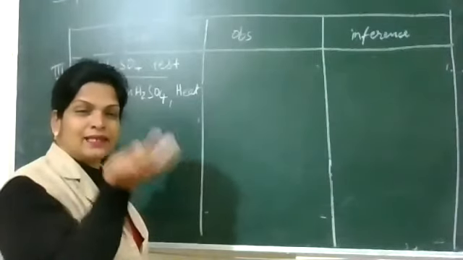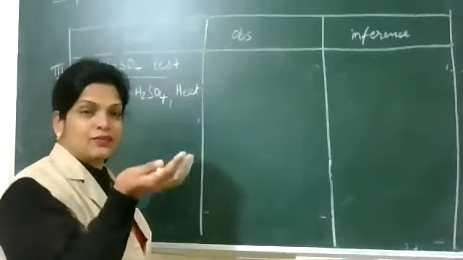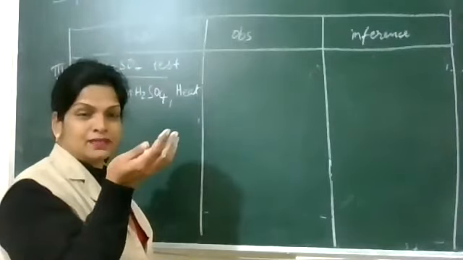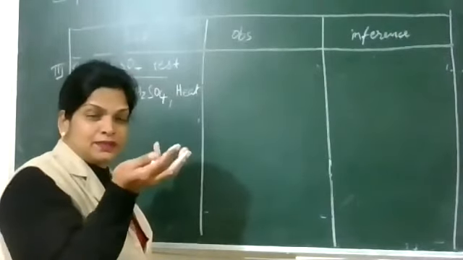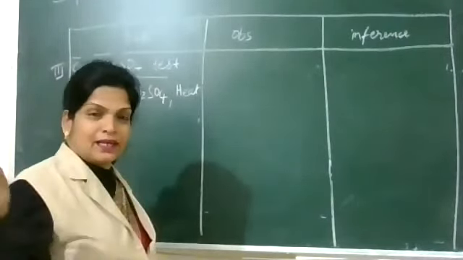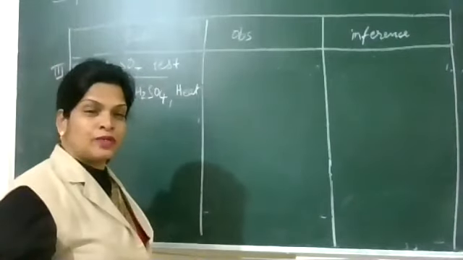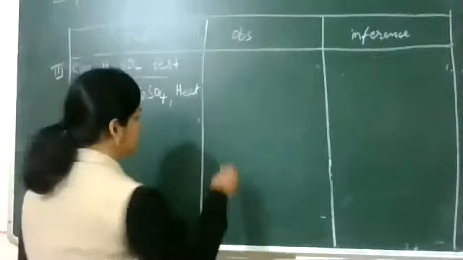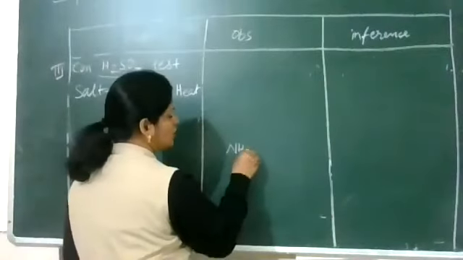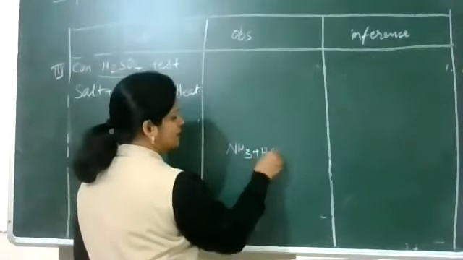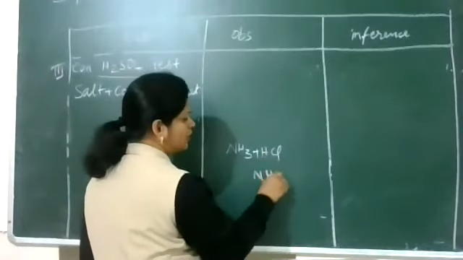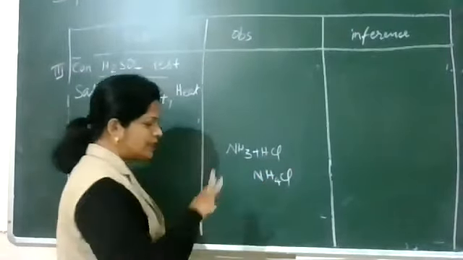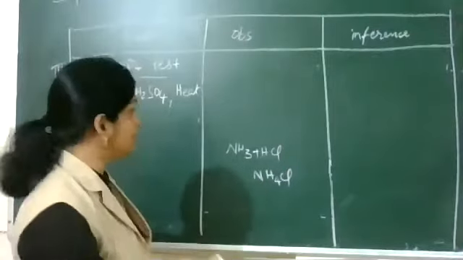So you will be getting light white vapors. And if you are getting light vapors, then what you do? Take a glass rod, dip it in ammonium hydroxide, and show it at the mouth of this. That means ammonia will react with the HCl to form ammonium chloride. So that is thick, dense white fumes.